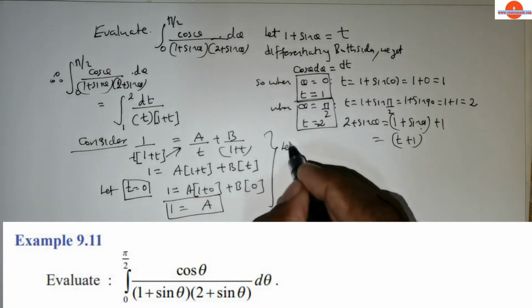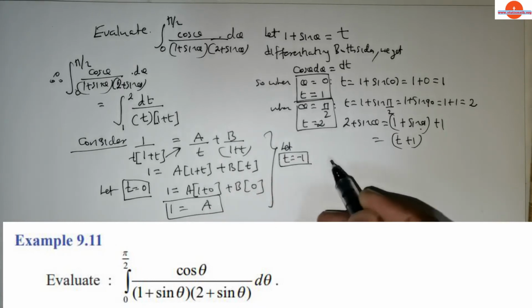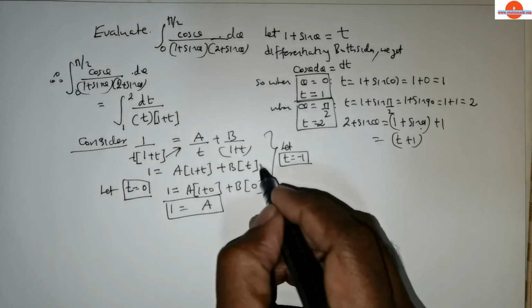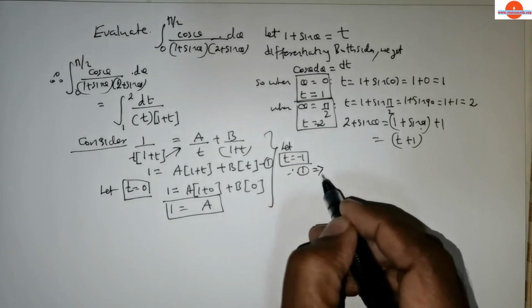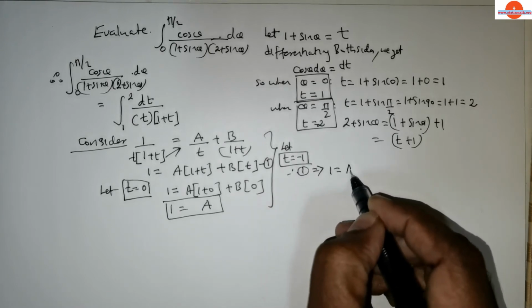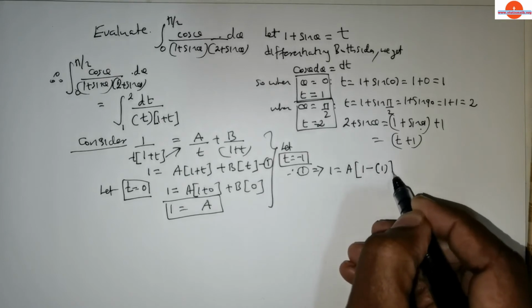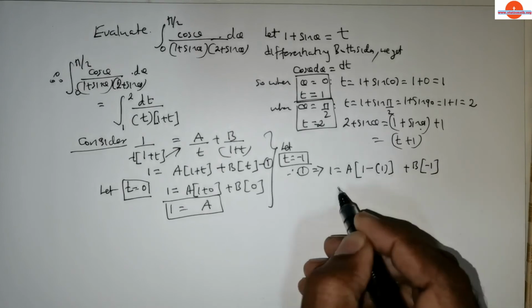Now the next case is, let me take t to be equal to negative 1. So when I take t to be equal to negative 1, 1 would now be rewritten as 1 is equal to a of (1 - 1) + b of negative 1.